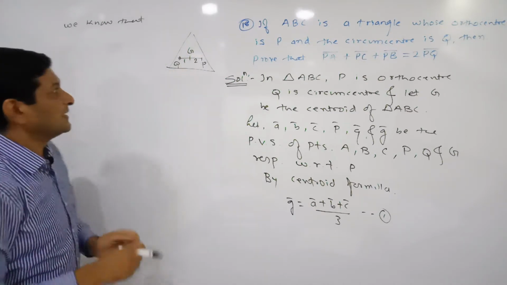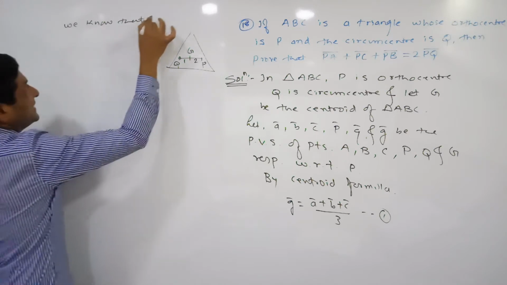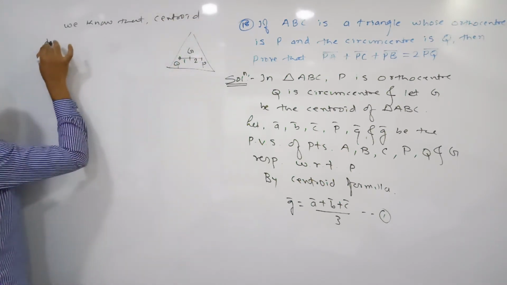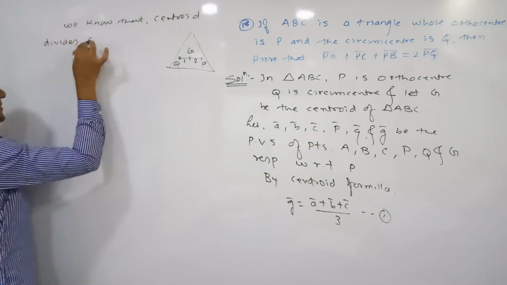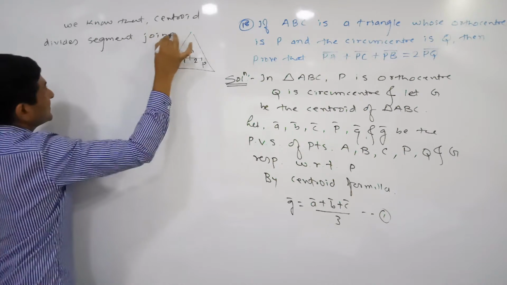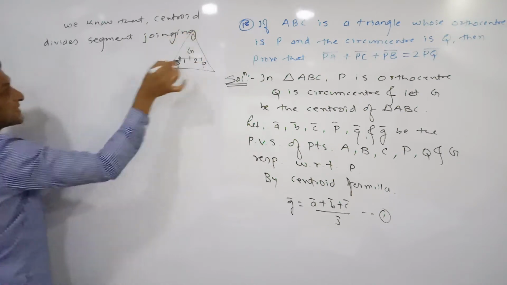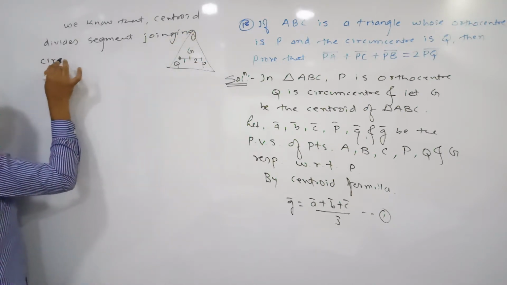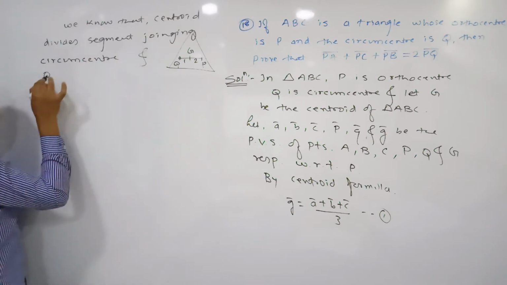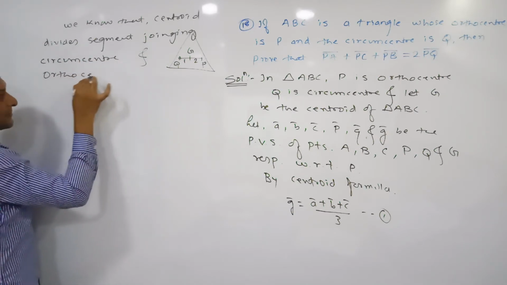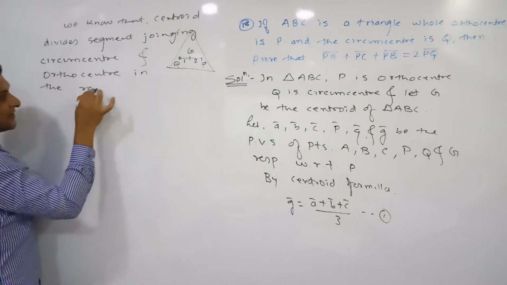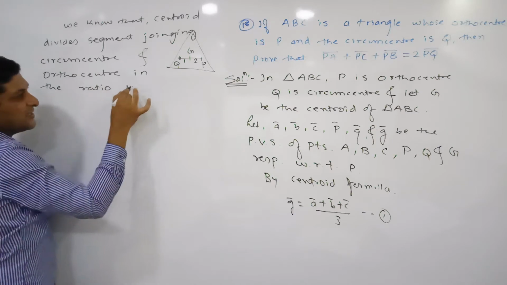Okay. So we know that the centroid divides the segment joining the circumcenter and orthocenter in the ratio 1:2.